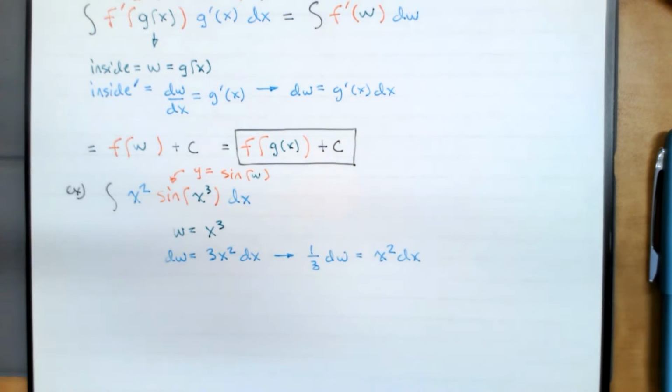I know it's weird to introduce the outside as y, but I'm thinking of the Leibniz version of the chain rule, dy dw times dw dx. But that's the outside function. That's the one that we're actually integrating.